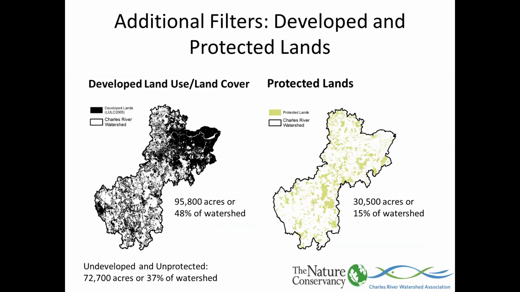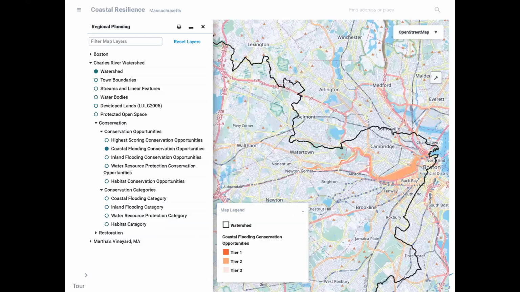As I mentioned, we did do some pre-processing to filter out developed lands, as those are likely better restoration priorities than conservation priorities, and already protected lands. When you filter that out, this is just an example of how much it changes in our watershed. This is another screenshot from the tool where we're showing you coastal flood conservation opportunities.